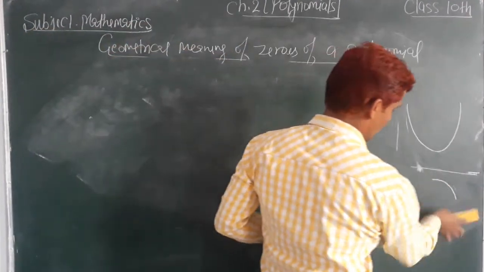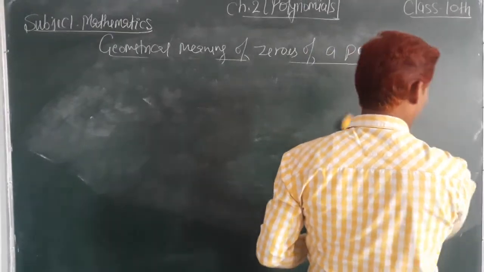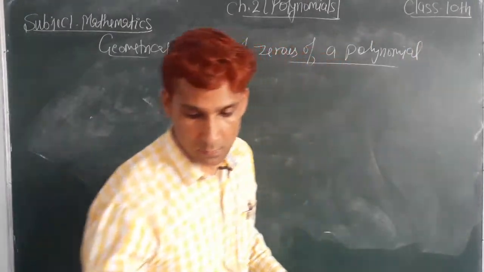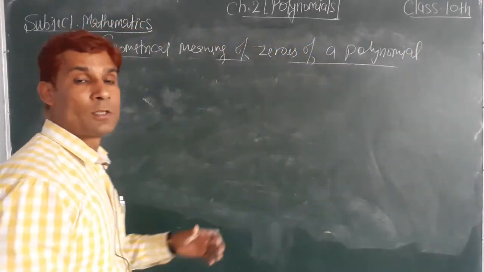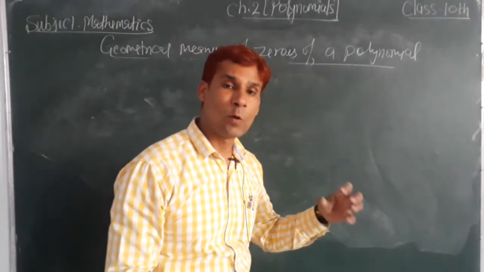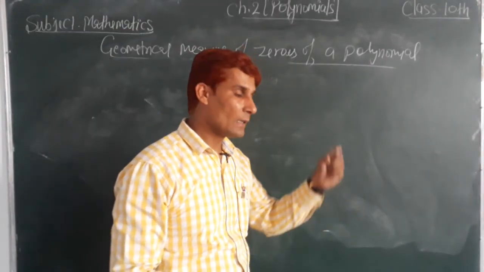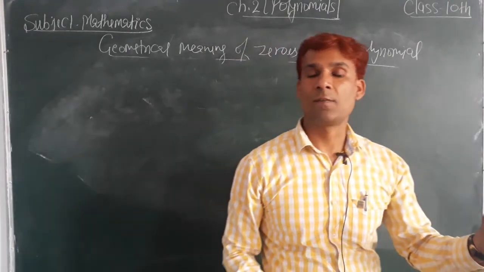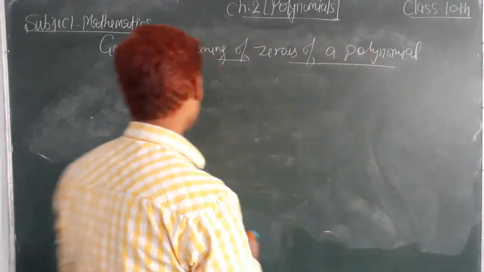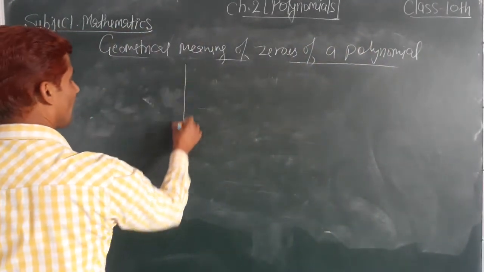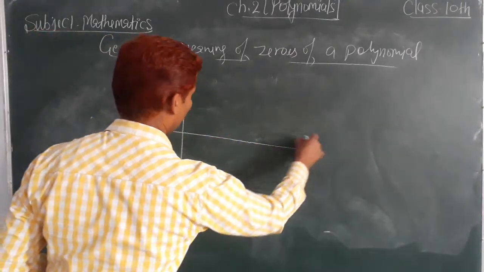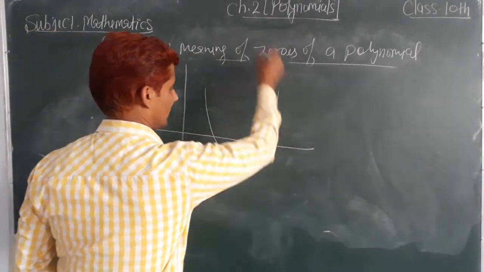Now with the help of geometrical representation, how can we identify how many zeros this polynomial has? Suppose you are given the graph of a quadratic polynomial like this.